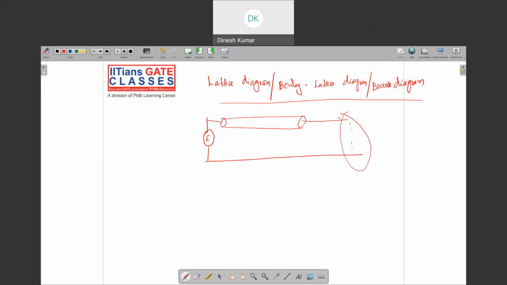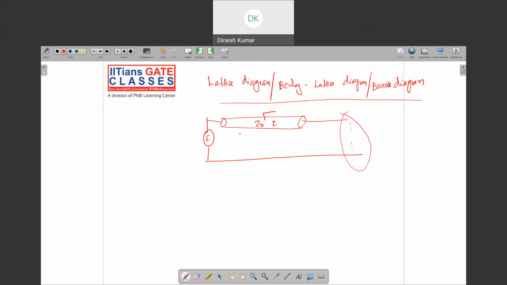At the delay time tau equal to 0, what is the voltage at this particular point as time progresses? If you put a needle here, how will the voltage be at this particular point? If you find everything like that, we need to find the voltage at any particular point at any particular time. That can be found by using the lattice diagram.